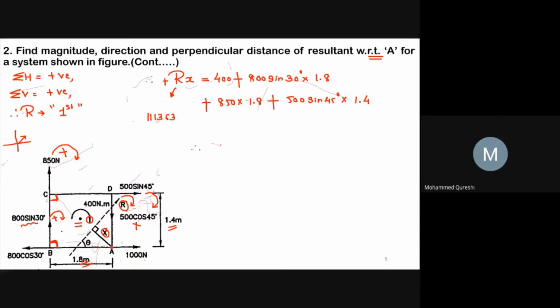So after solving this equation, you will get the value of x as 2.82 meter from point A.